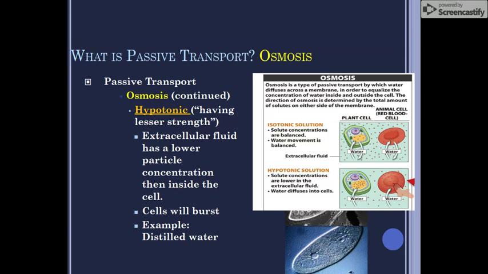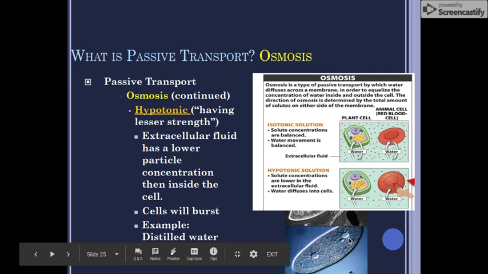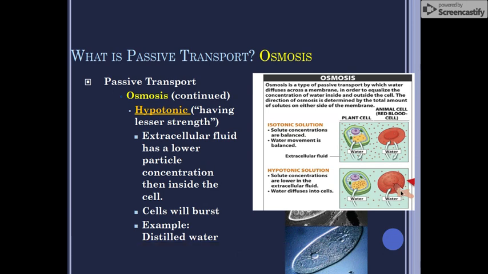Now, if there's too big of a difference between these, too much water can flow into the cell and it can actually burst, as we see down here in this image. Okay, that cell gets too big and it bursts. And we see it right here, too much water flows in.